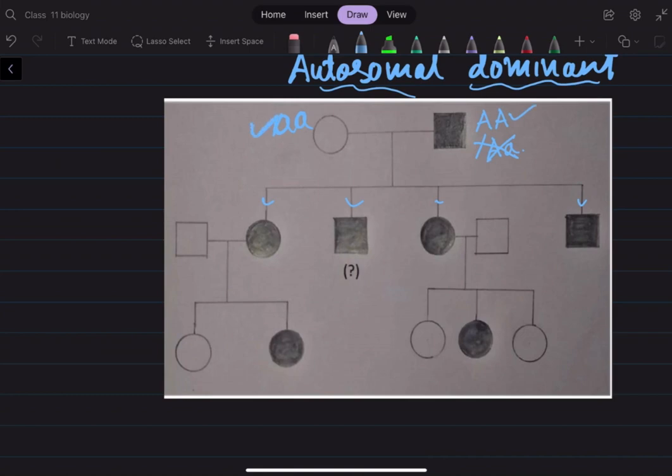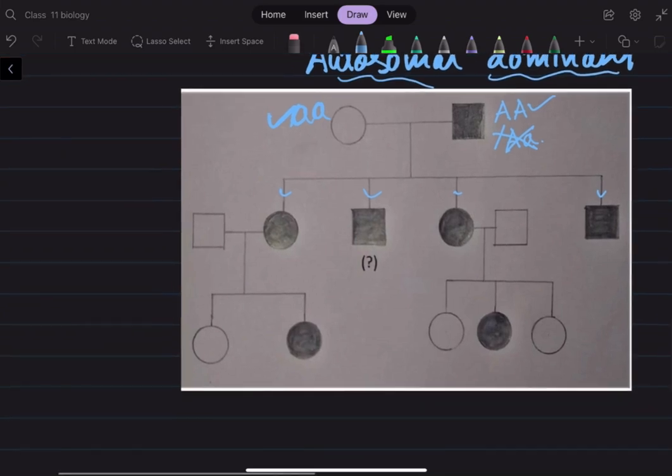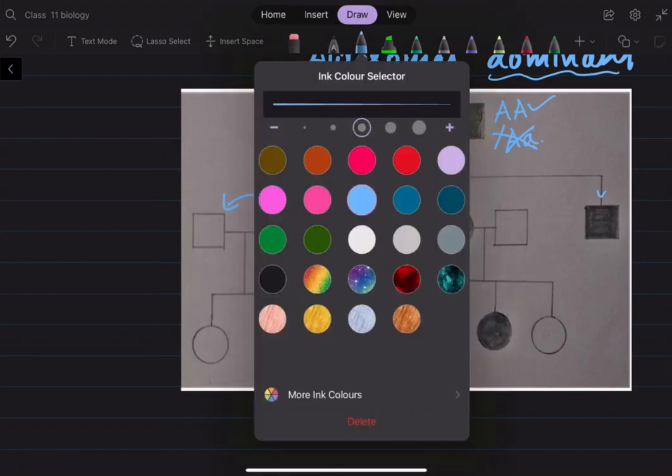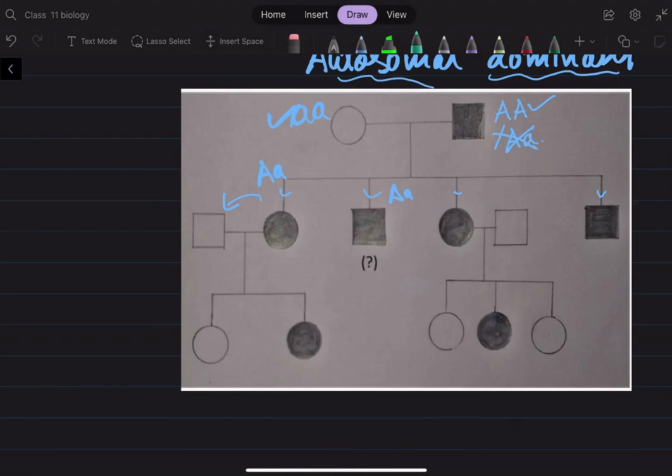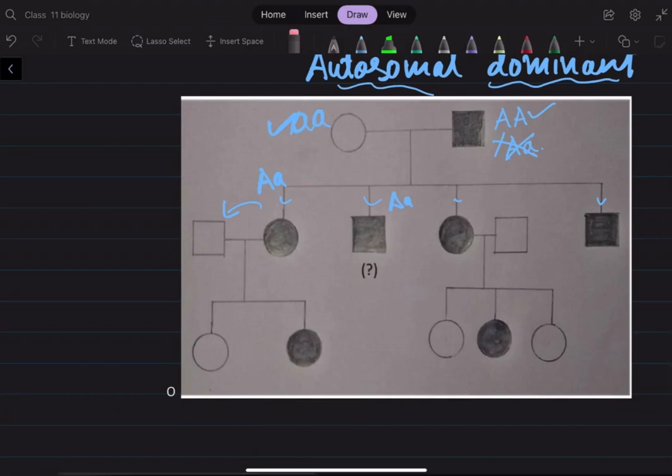That is why all the offsprings are affected. Now, when all these offsprings have heterozygous condition, whichever normal person they marry, half of the offsprings will be affected, the other half will not be affected. This is how we can deduce autosomal dominant disorder.